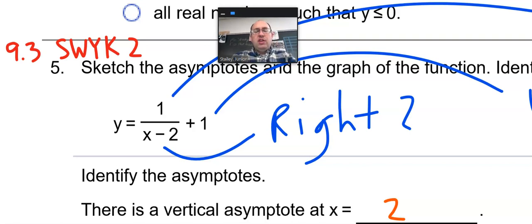When you change it in the denominator, remember how we talked about when you change the x, it looks backwards from your common sense? So literally, x minus 2 is going to shift you to the right 2 units. I have to do it backwards for the camera.